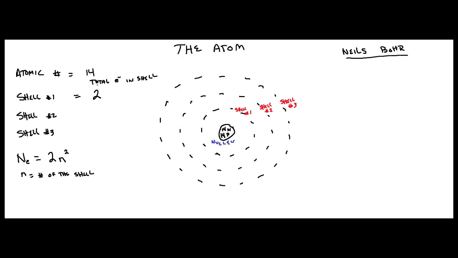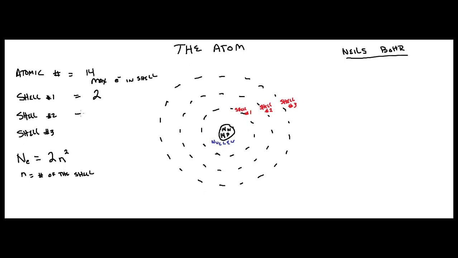You know what? Instead of calling it the total number of electrons, let's make this the maximum number of electrons. What do you say? So this is the maximum number of electrons in the shell. So for this one, it's 2.